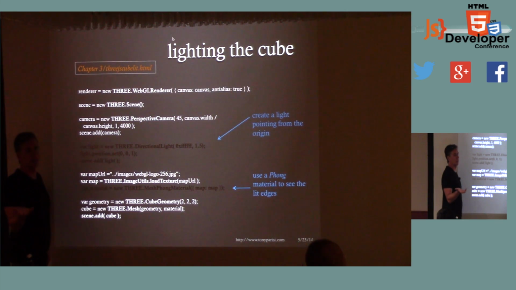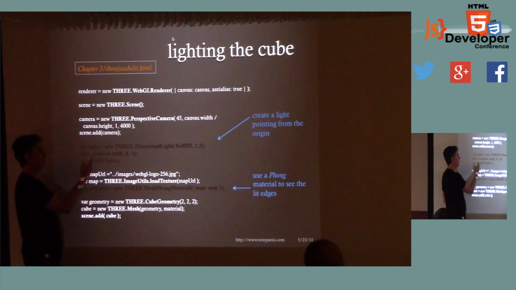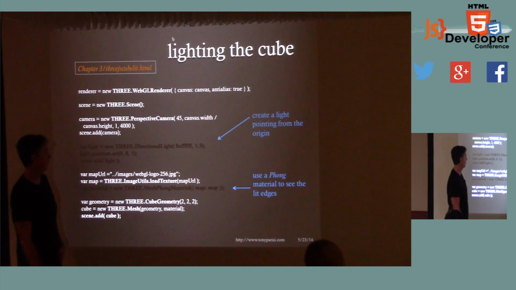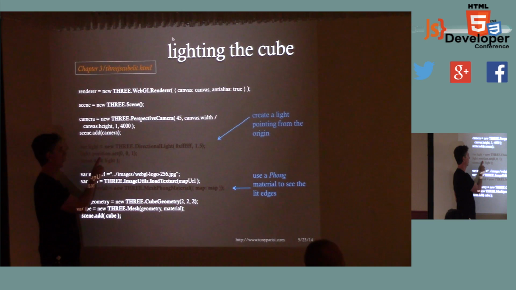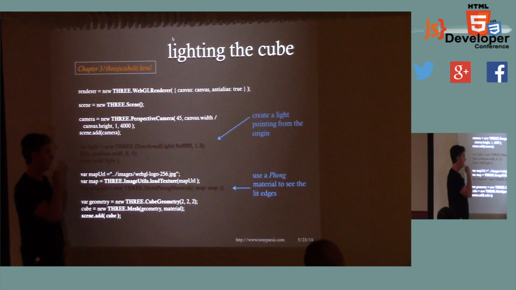What's interesting is, I don't know where Ricardo picked this syntax, maybe because other lights like spotlights and point lights that we'll get into later have a positional thing. But to set the direction, you set the position of the light, and then it points from that position to a target. And the target by default is the origin. So again, there's no position to a directional light. It's infinitely far away, and it's just casting parallel rays in a direction.